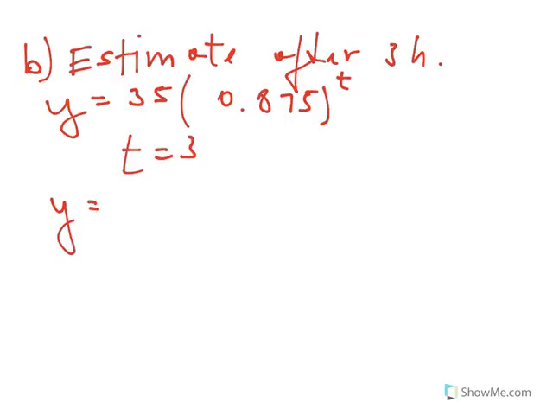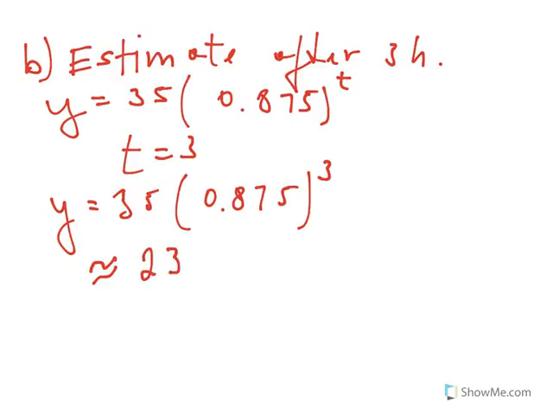So y is going to become 35, the initial value, times 0.875, the rate of decay, to the power of 3. You can use a graphing calculator for that, and you can tell that the number is an irrational number, it never ends. That's why we are going to approximate it using our calculator, 23.45. So the answer is the caffeine in a teenager's body will be about 23.45 milligrams after 3 hours.